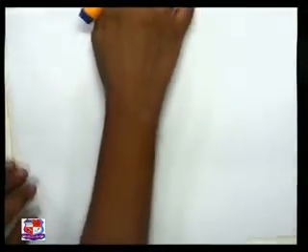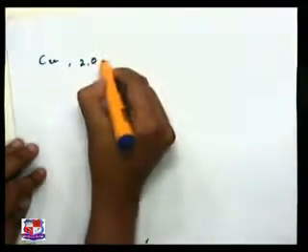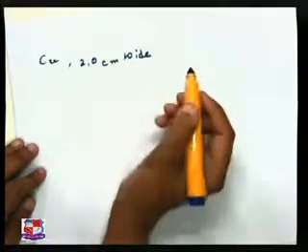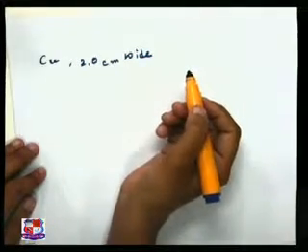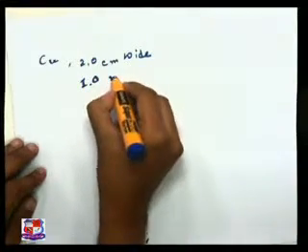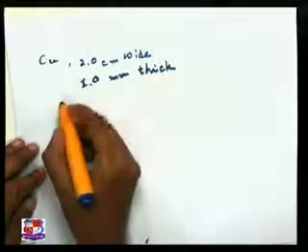Okay, so now we can have another example of Hall effect that we have just studied. It says that a copper strip, a Cu strip, that is 2.0 centimeter wide, B is equal to 2.0 centimeter, and 1.0 millimeter thick, right?